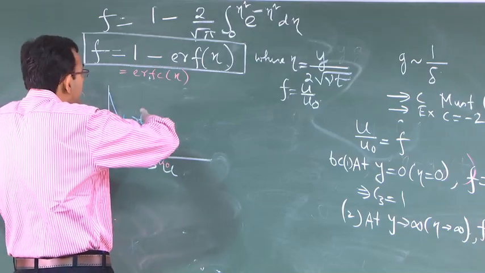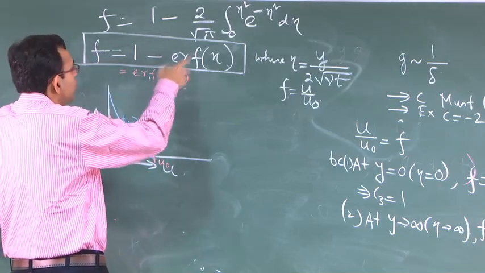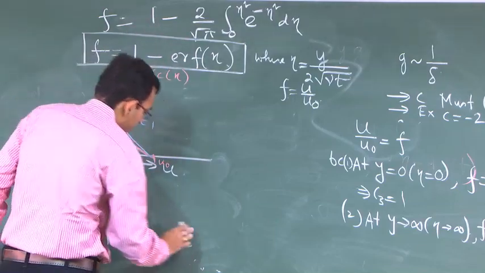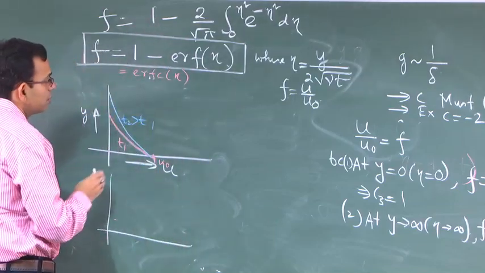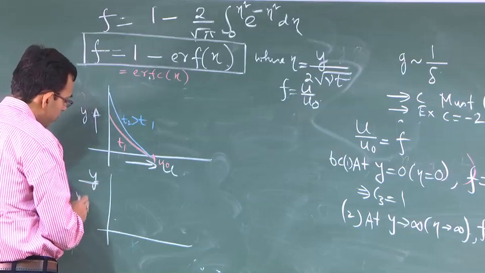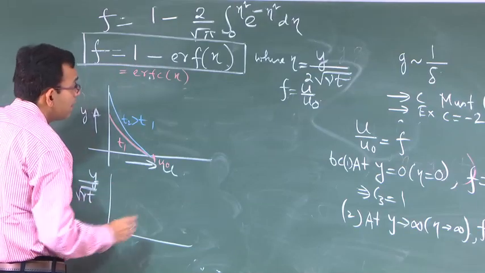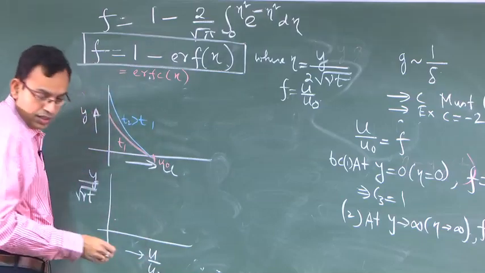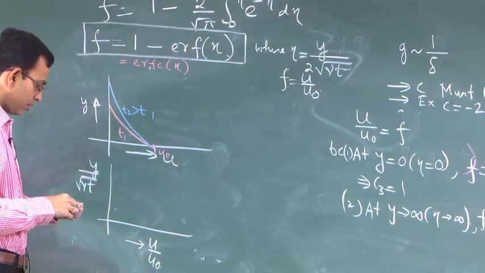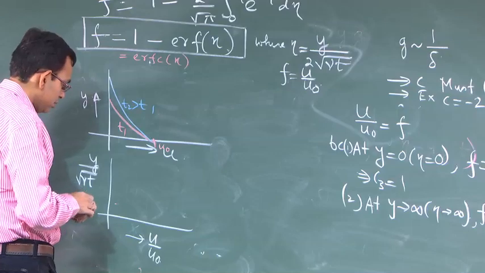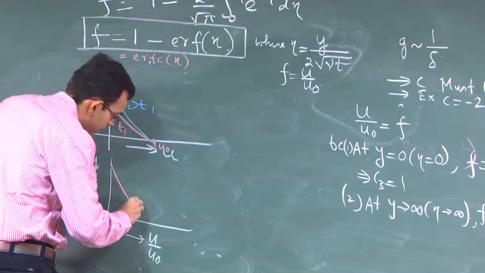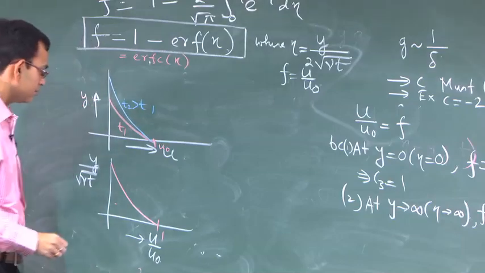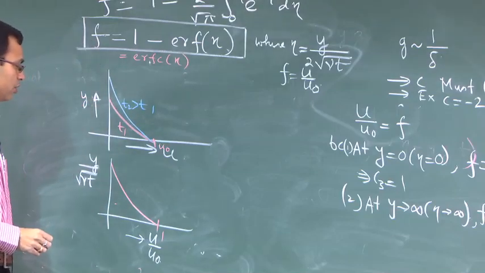Interestingly, all these characteristics when normalized in this way will be collapsing into a master curve like this. So, if you plot y by square root of nu t as a variable and u by u0 as a variable, then all these plots will essentially collapse into a single master curve. This is 1, because at y equal to 0 u equal to u0.